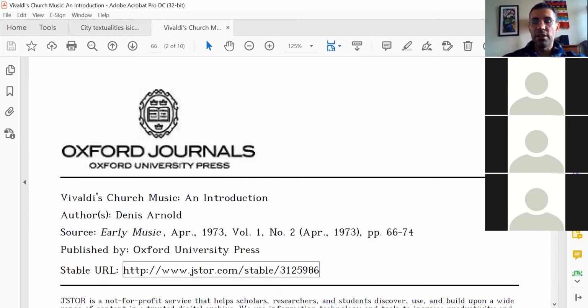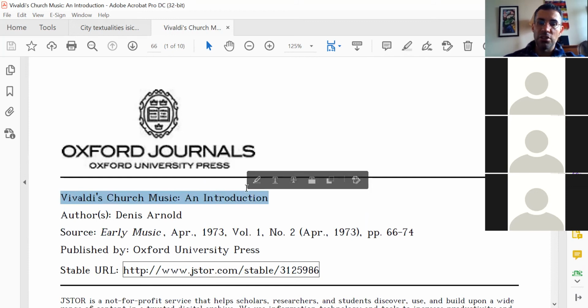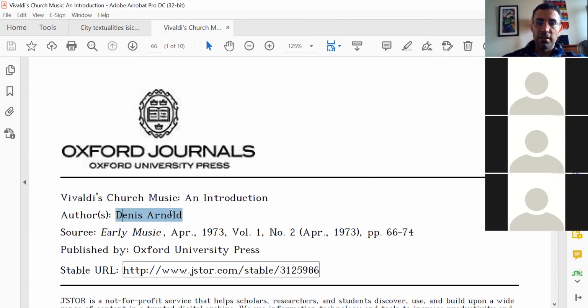Now, if we go all the way to the top, to this title page, it gives us all that information again. Vivaldi's Church Music and Introduction, that's the title. Author, Dennis Arnold. The source, that means where it comes from, Early Music. Do you see? That's the name of the journal.